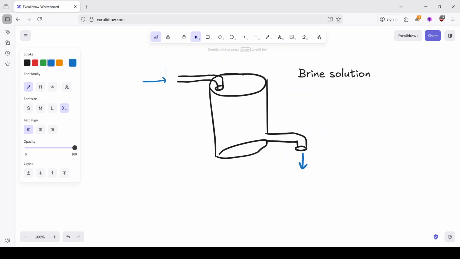Call this one solution in, and then we have solution out.